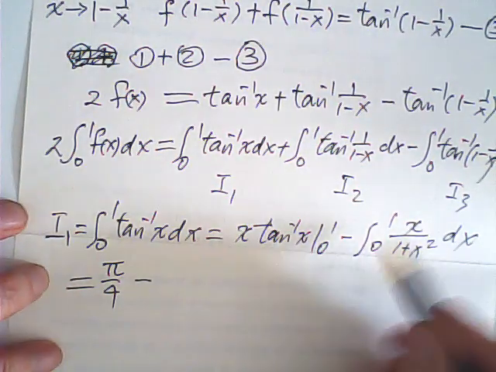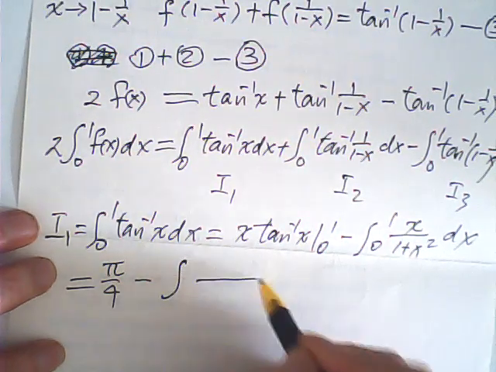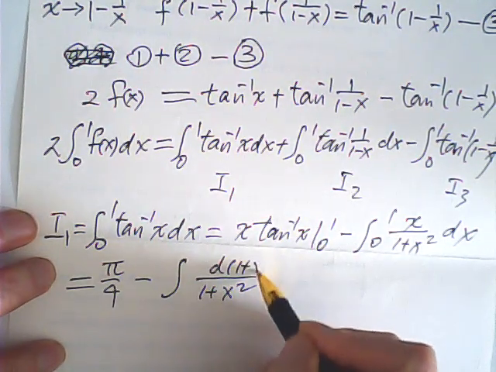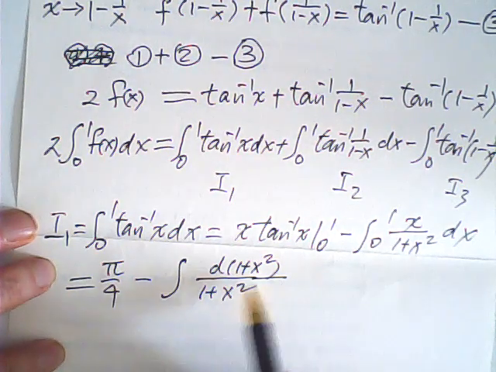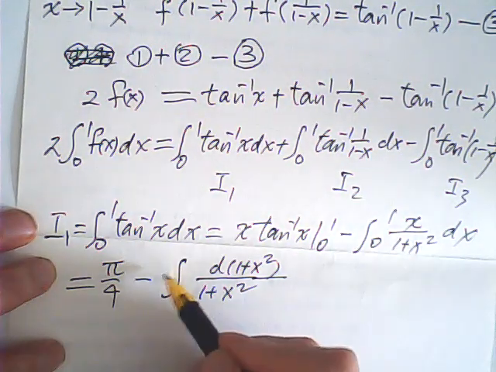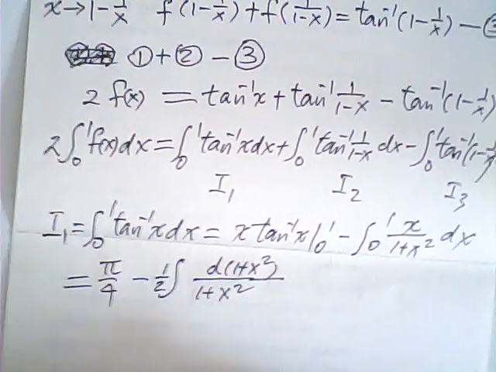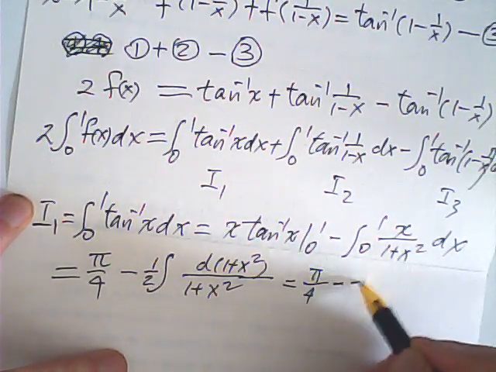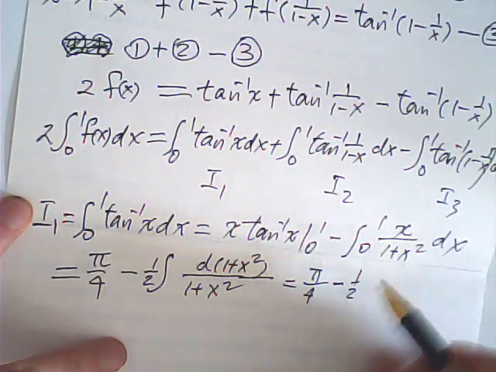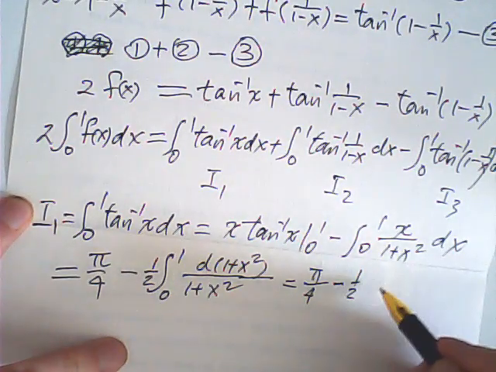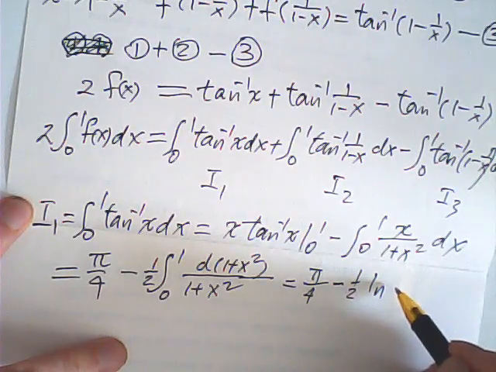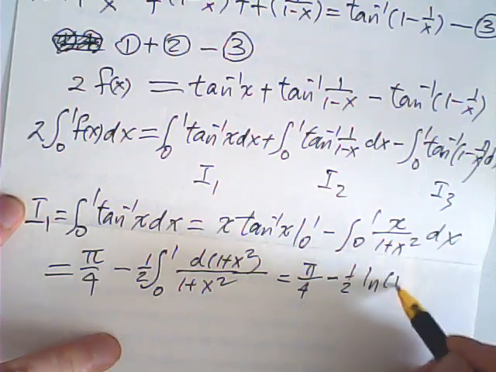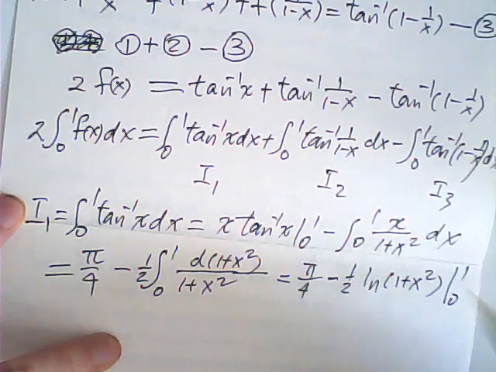And minus, that one is equal to x over 1 plus x squared dx, which is one half of d of 1 plus x squared over 1 plus x squared. Now you get a 2x dx, and I have x dx, so I divide by 2. So this one is equal to quarter pi minus one half of log of 1 plus x squared from 0 to 1.